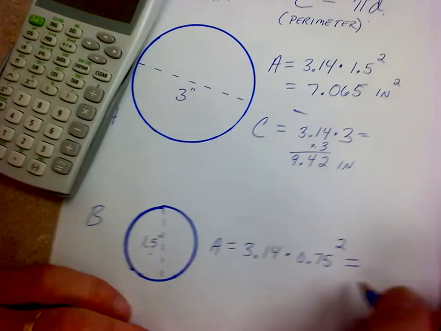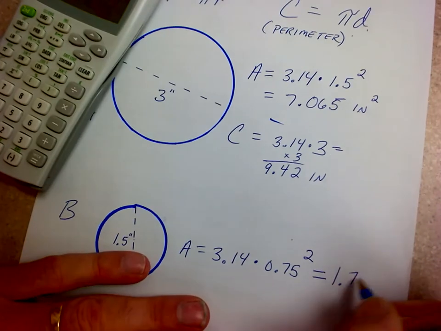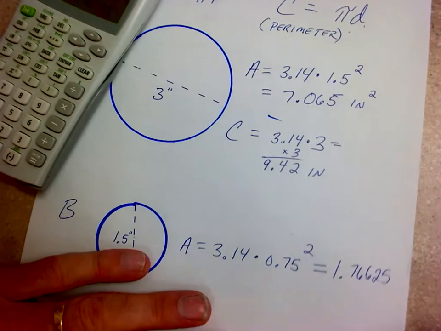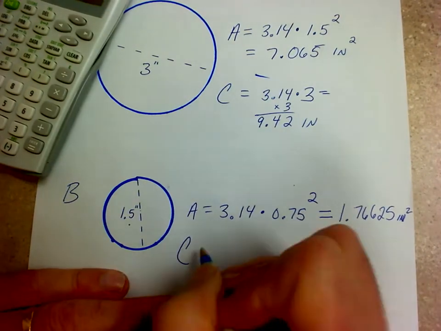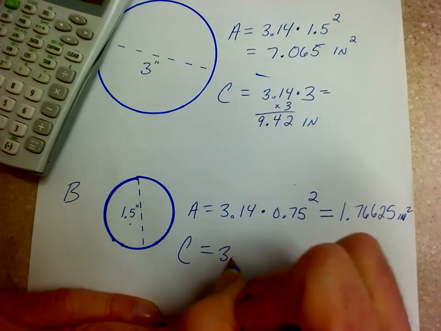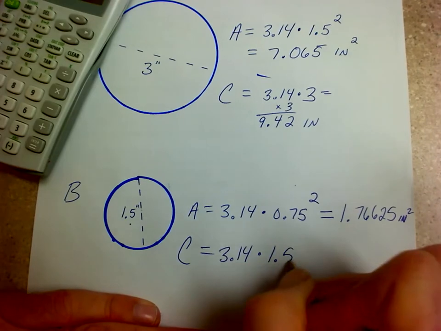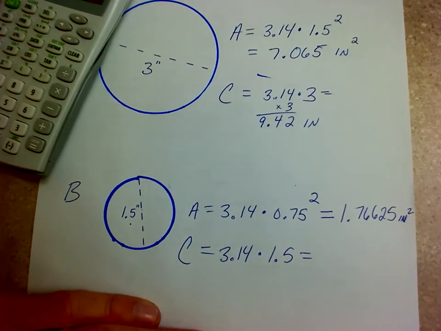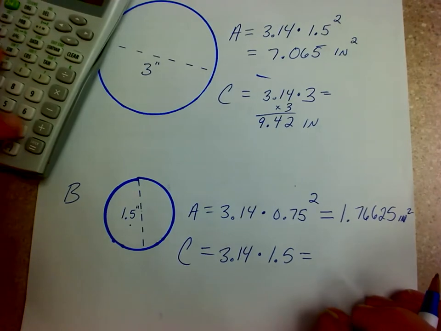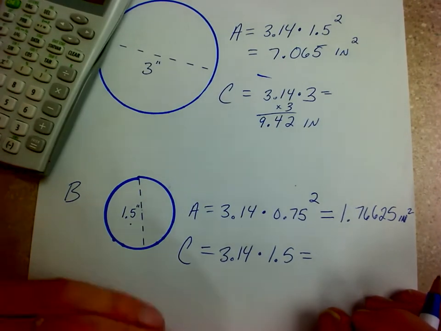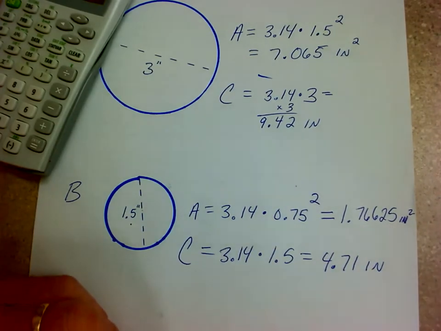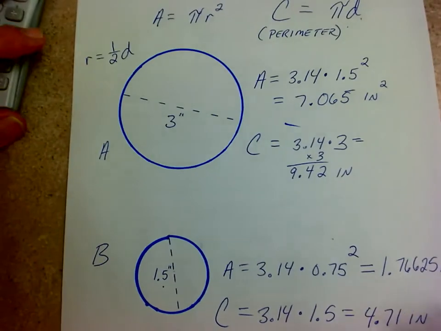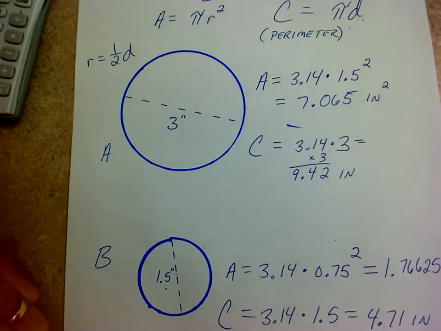Once you type it into the calculator, 1.76625 square inches. Circumference, pi times your diameter: 4.71 inches. So again, that's practice at using the two formulas, plugging in your values, getting those cranked out.